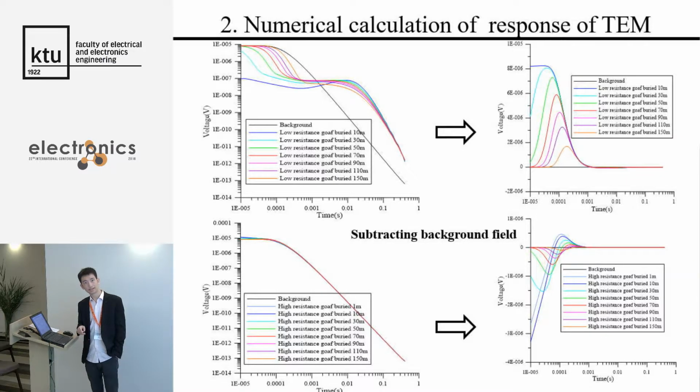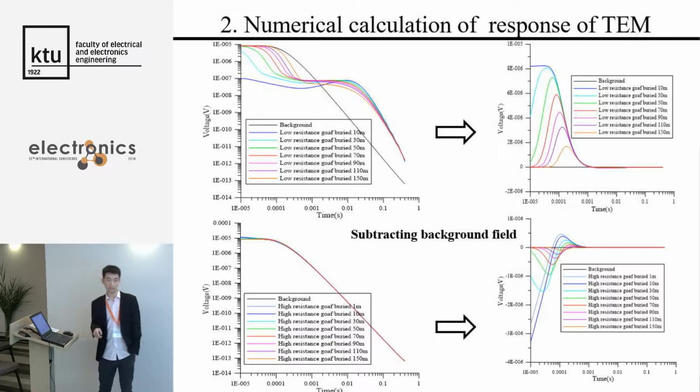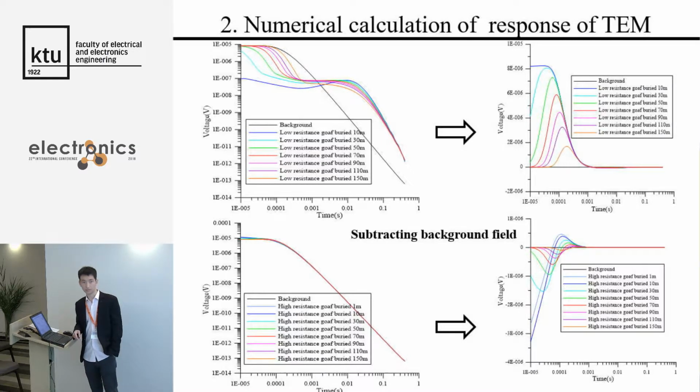With that, we can see that for both low resistivity and high resistivity, we can get relatively obvious changes, which are based on the buried depths.